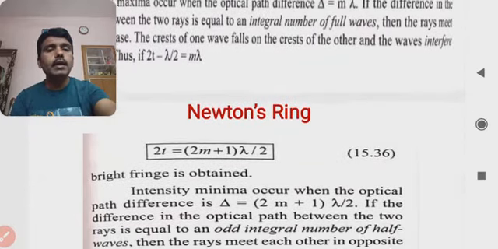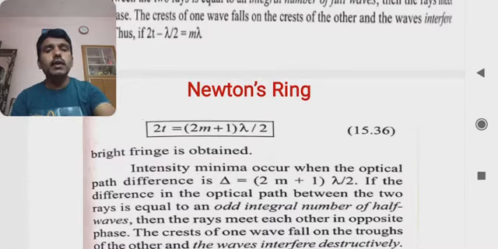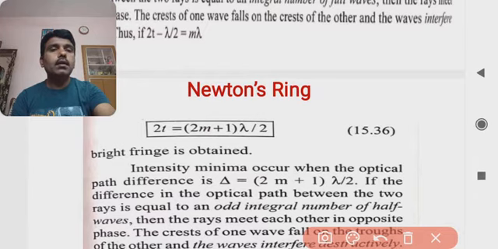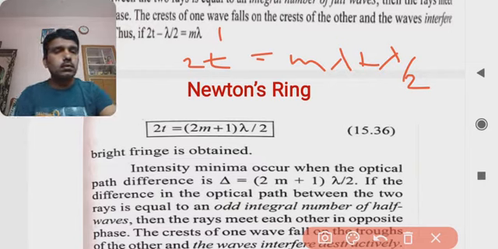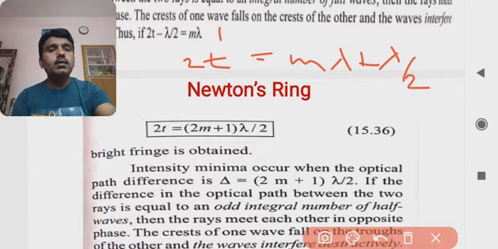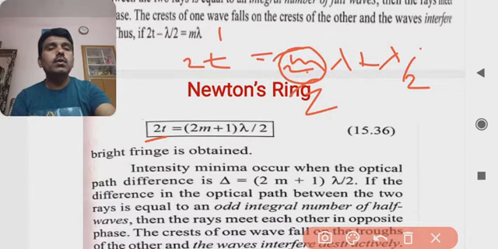And at this stage if we calculate the 2t value, जर 2t ची व्हॅल्यू जर कॅल्क्युलेट केली तर it will be equal to m lambda plus lambda by 2. याच्यामध्ये जर 2t is equal to m lambda as ऑलरेडी तिथं आहे प्लस lambda by 2, आणि त्याच्यामधून जर lambda by 2 common काढला तर 2t is equal to, कारण आता इथं m आहे lambda आहे, पण समजा मला lambda by 2 common काढायचं आहे तर इथं 2 नाही आहे, मग मी काय करतो याला 2 multiply केलं, आणि 2 divide केलं तर मला काही फरक पडत नाही, मग मला इथं 2m राहिलं, म्हणून 2m plus 1 into lambda by 2.